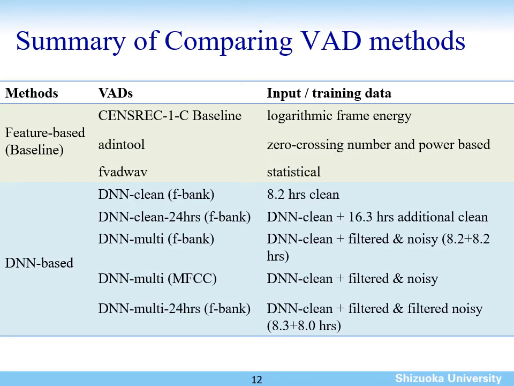The baseline methods will be introduced in next slides. Among the DNN-based methods, there is DNN multi MFCC, except that all the other DNN approaches are based on Mel-filterbank features. We only compared the VAD performance of DNN multi MFCC as opposed to DNN multi F-bank to determine the most effective feature.